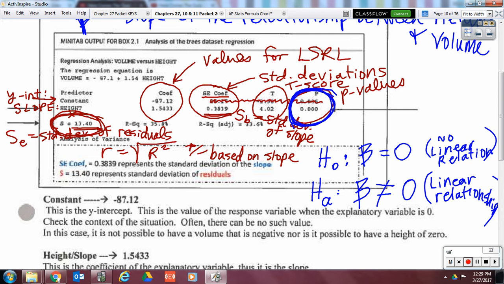If this p-value is 0, what are you going to do with the null hypothesis? You will reject H0. And if I'm going to reject H0, I'm rejecting that there is no linear relationship, and I can say I have statistical evidence that there is a linear relationship. Okay, so that's the basics of the general gist of what this linear regression test does for us.